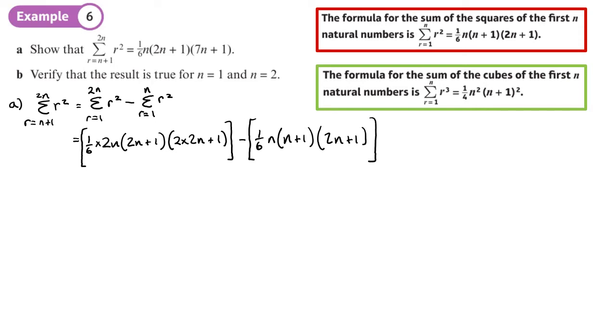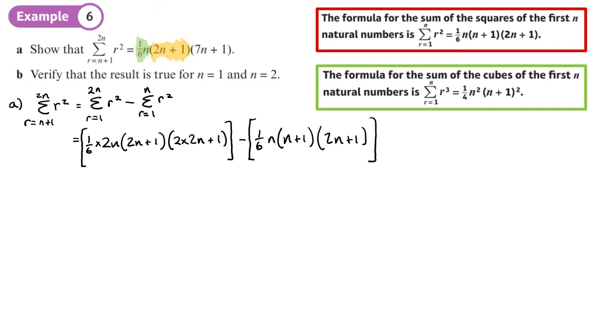Right. Now it's tempting just to multiply everything out, go crazy, and refactorize it. But we want to try and be a little bit smart with our working. If we have a look at the question, can you see that there's a 1/6 n out as a factor, and there's a 2n plus 1 as a factor? So we're going to see if we can locate that in both brackets and take them out as factors.